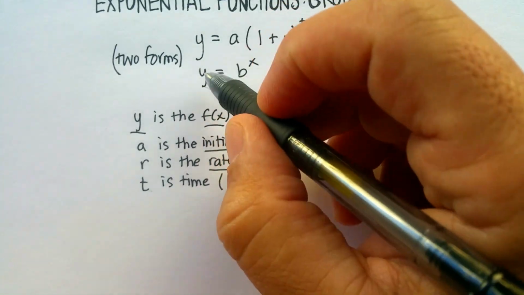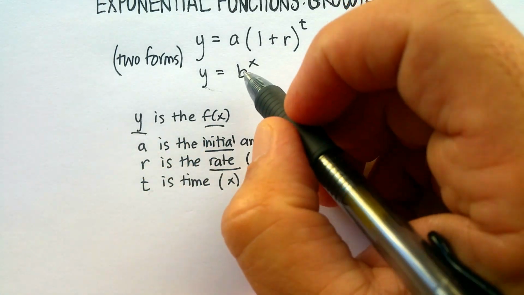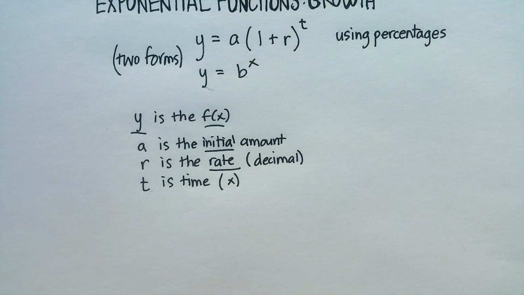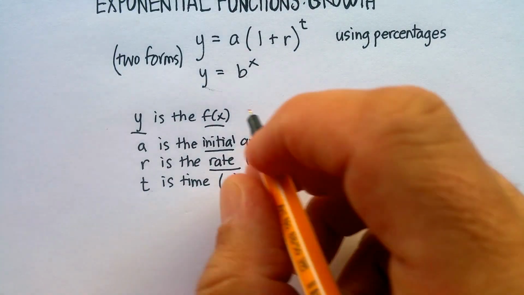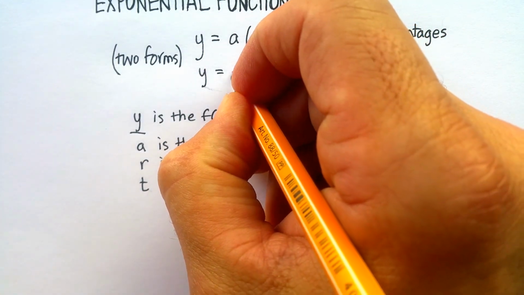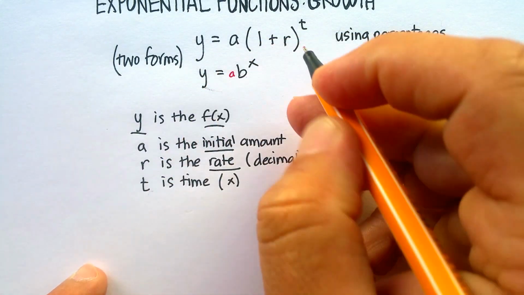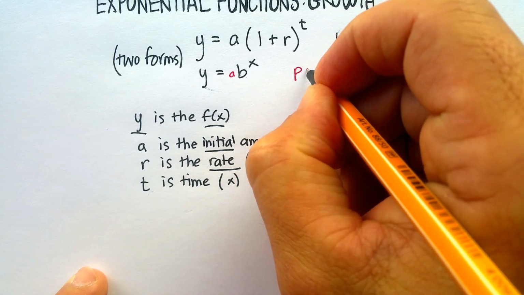So the y is the y, that's just the f of x. Okay? Now, there is a number in front of the b, which we'll call a coefficient, and sometimes you'll see this expressed as a b to the x. Now, this form of the equation is called the parent function.